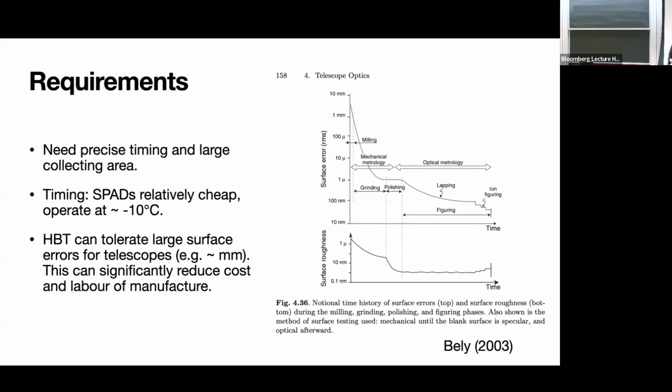If all you need is millimeter surfaces, well, the mirror blanks come from the manufacturers already with surfaces that are basically good enough. So in principle, this can significantly reduce the amount of work, and therefore the cost, required to manufacture the arrays that we're interested in. And such a telescope would only be useful for this kind of application and nothing else. So you're thinking, good, therefore I am not competing with other idiots to do observations, right?